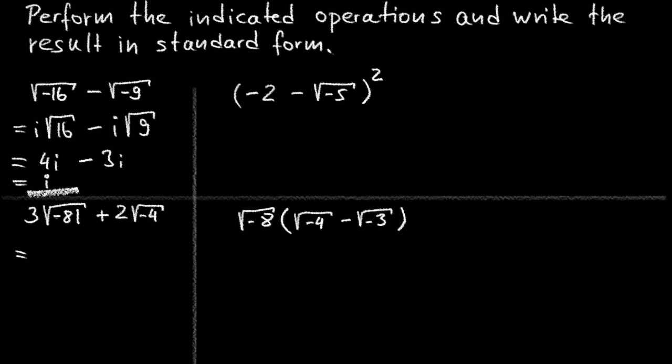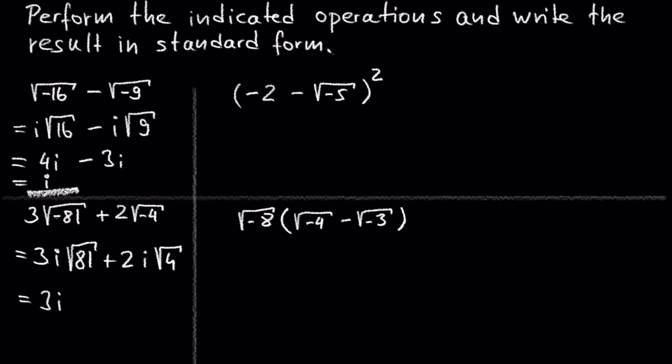3 times the square root of negative 81 plus 2 times the square root of negative 4. The square root of negative 81 is i times the square root of 81. And the square root of negative 4 is i times the square root of 4.